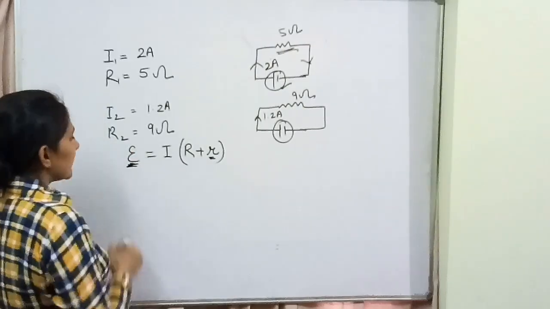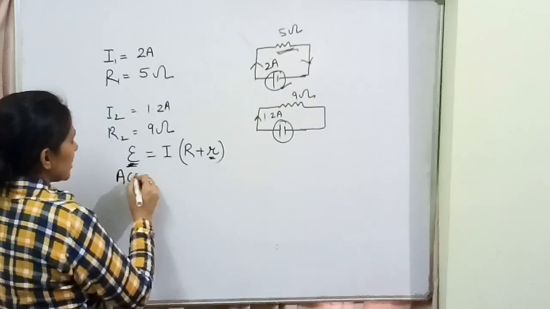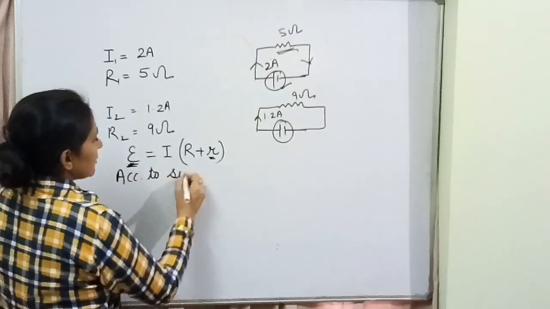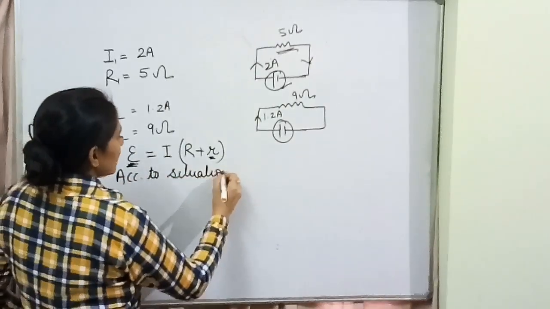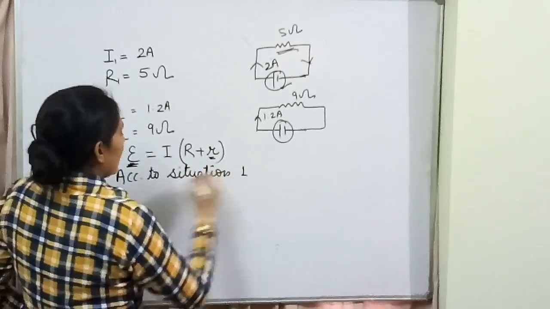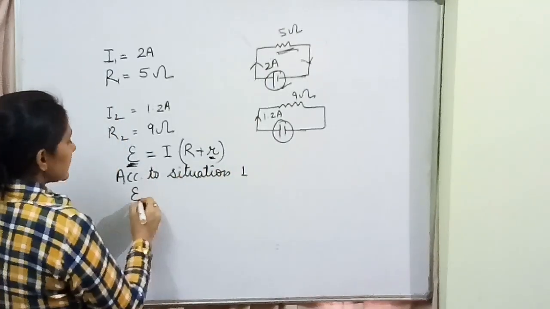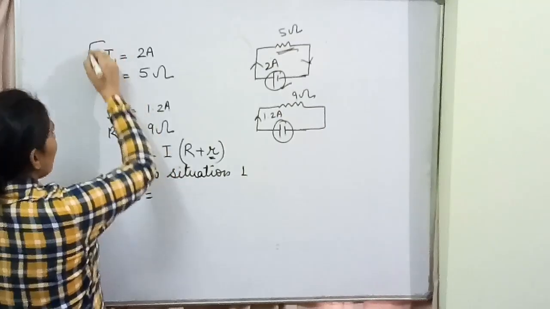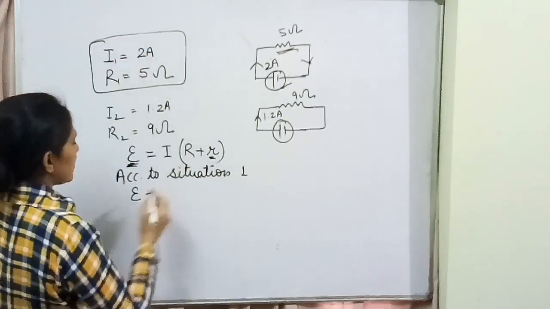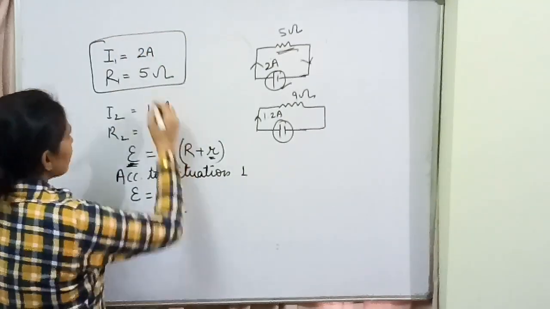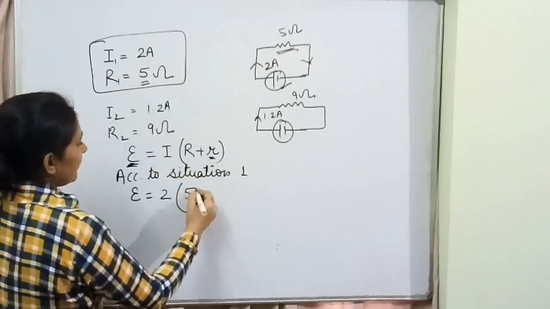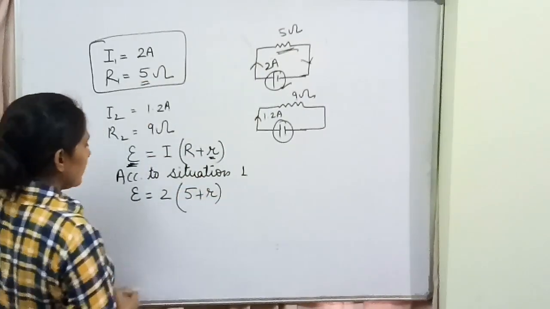How can we do this? This is according to the first situation. What can we do? E, that is unknown to us. I, the value of I, we are talking about this first situation, that is 2 ampere. The resistance connected this time is 5 and internal resistance r is unknown to us.